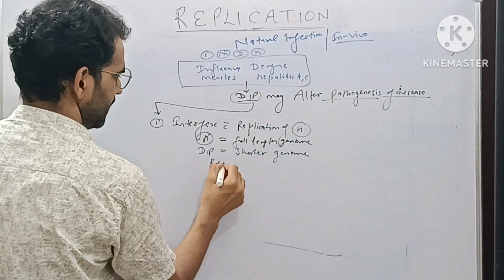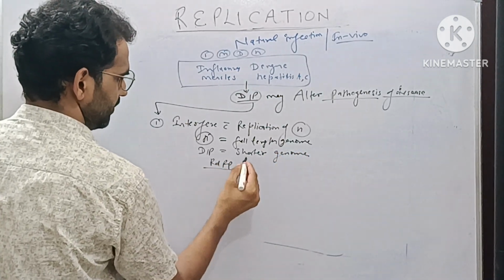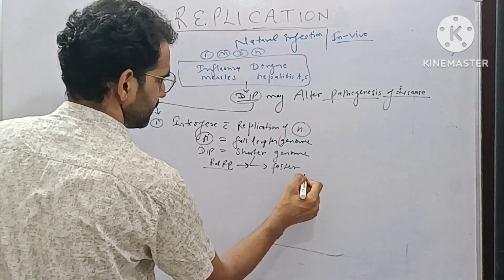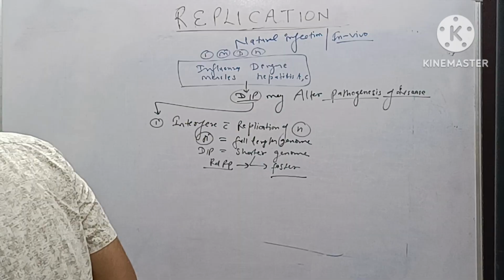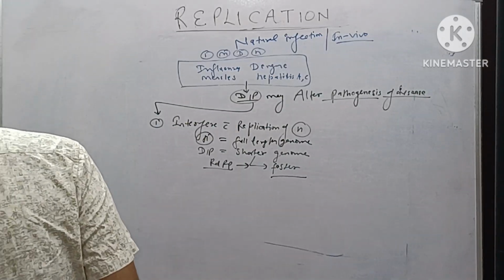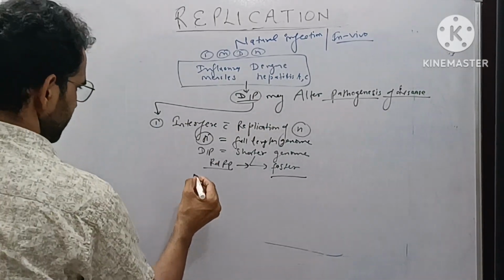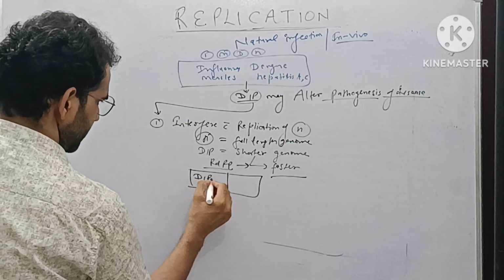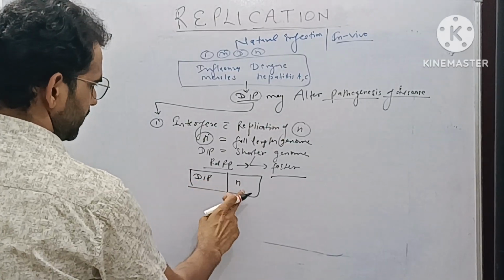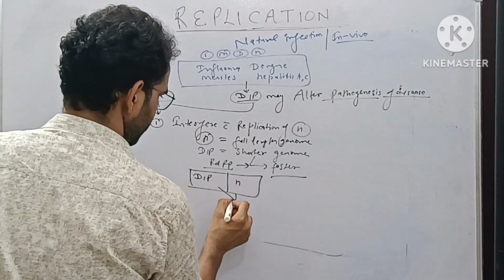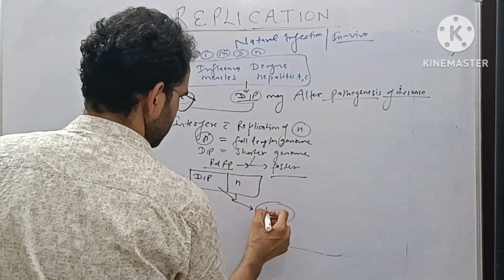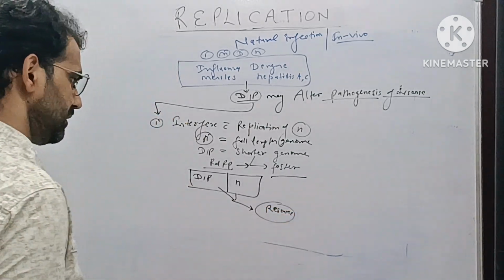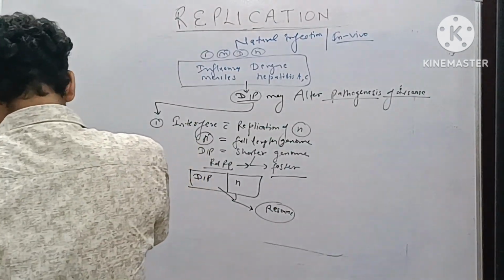So the enzyme RDRP will replicate the shorter genome faster. It means DIP and helper are both competing for the same resources.